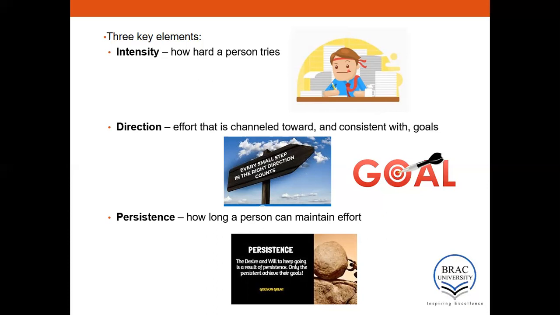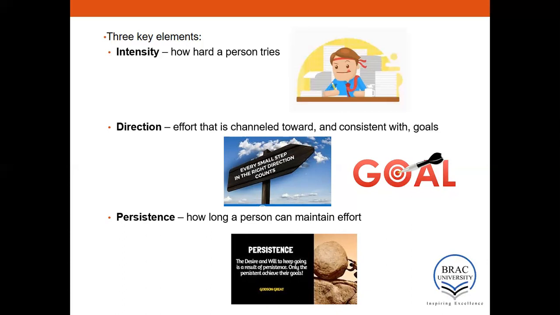Now, suppose I have said that I will start a diet. I have maintained all the things. I have eaten healthy. I have avoided junk food. I'm doing some exercise, but it's not on a consistent basis. Why? Because maybe I have done all these things for 3 days, and then on the fourth day, I have started to eat junk food again.